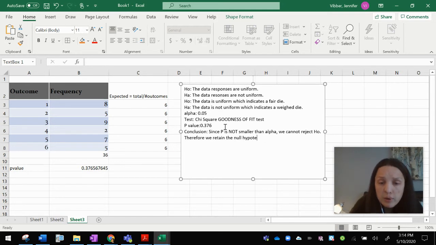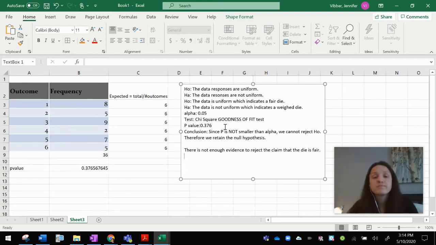In context, it means there is not enough evidence to reject the claim that the die is fair. That's all I can do. I can't reject the null hypothesis, so I have to say I don't have enough evidence to say that it's not fair. So I'm just going to assume it's fair until I can prove otherwise. That's all there is to a chi-square goodness of fit test.